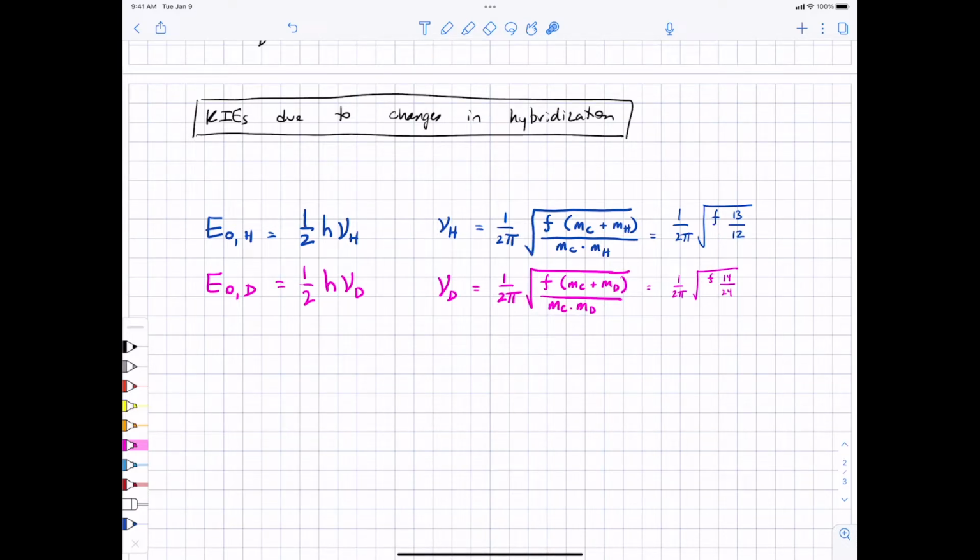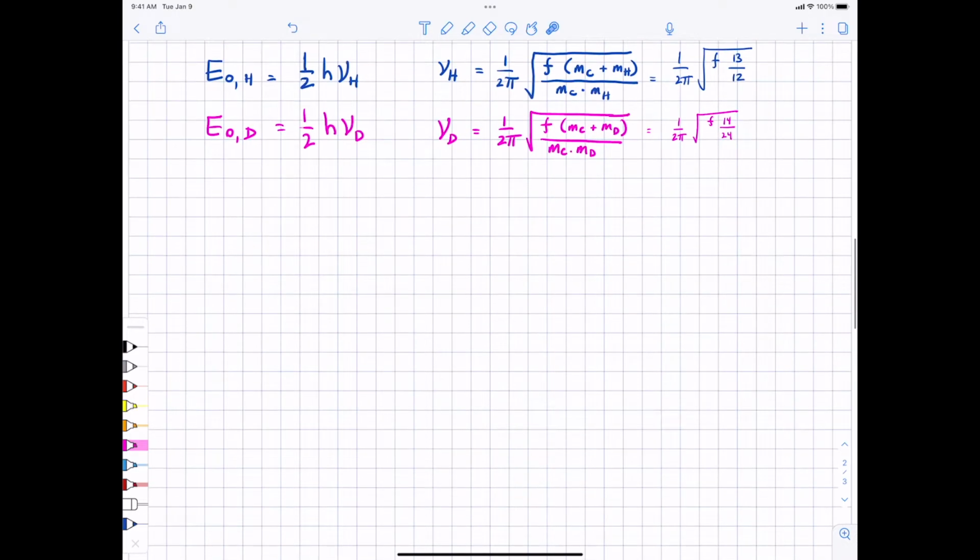And that force constant term is something that can change, especially if the bond between carbon and hydrogen changes, maybe not breaks, but changes during the reaction, as you approach the transition state. So let me give you an example of the kinds of changes in carbon-hydrogen bonds that can influence force constants.